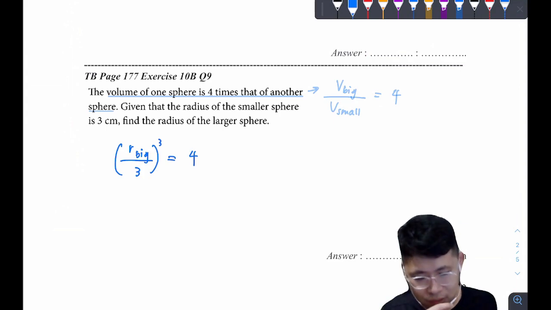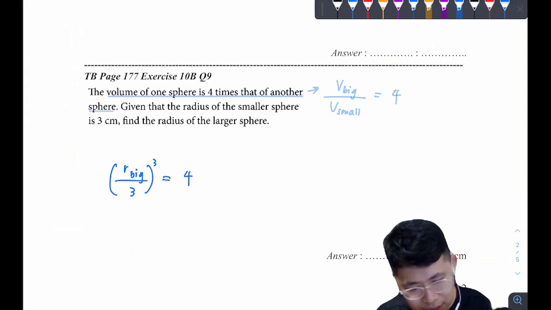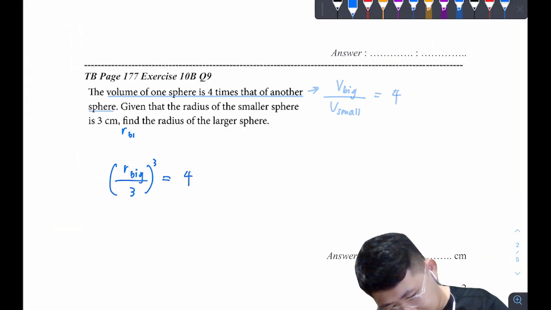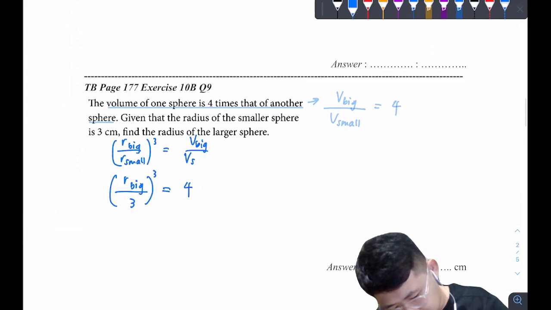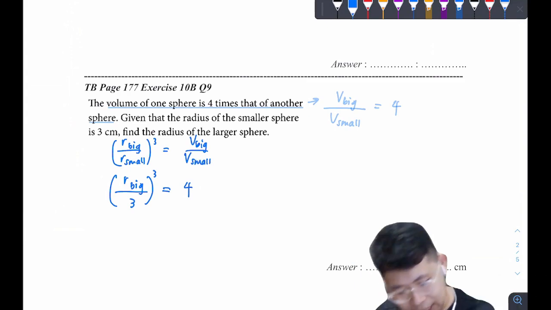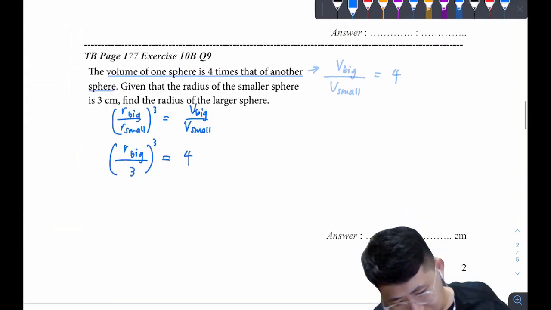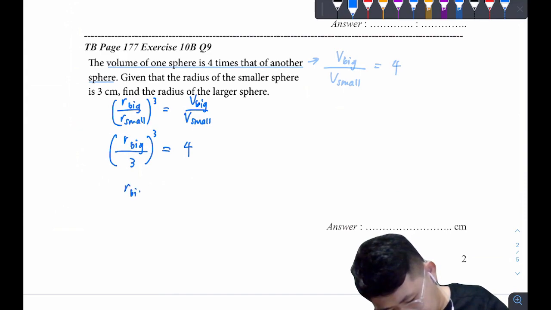V big over V small. If you're not convinced, you can write down the formula: big radius over small radius, when you cube, matches the big volume over the small volume. So the big radius over 3 is going to be the cube root of 4.